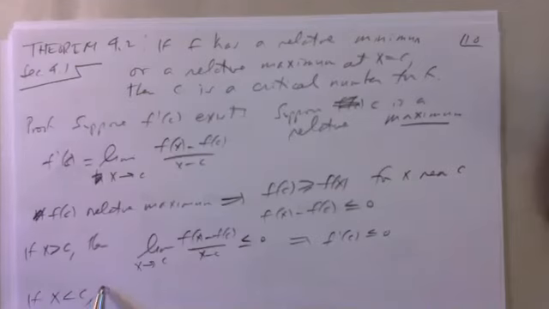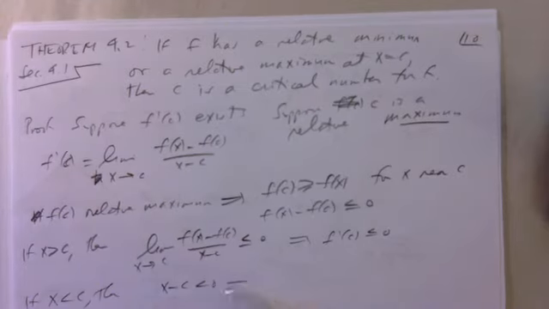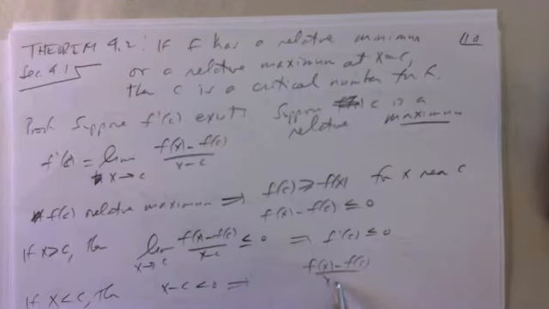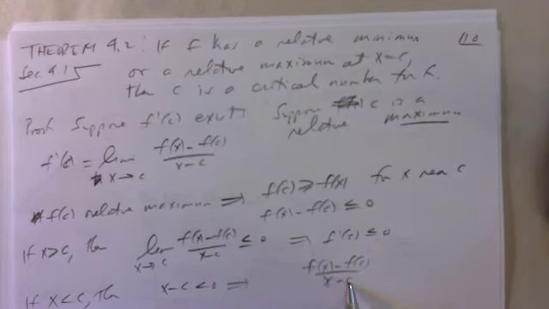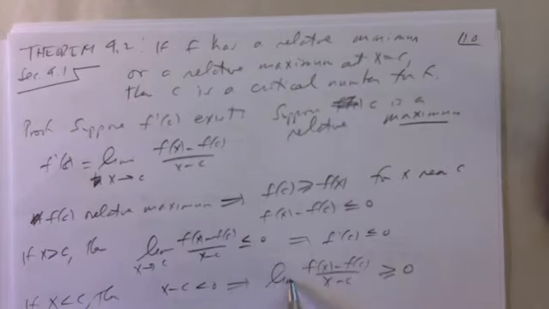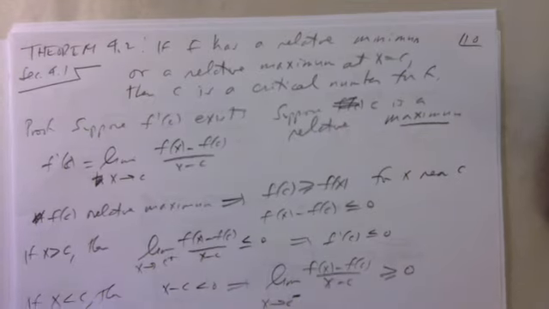If x is less than c, then x minus c is less than 0. f of x minus f of c over x minus c, negative over negative, is positive. So the limit as x goes to c for x less than c is greater than or equal to 0. So f prime of c is greater than or equal to 0.